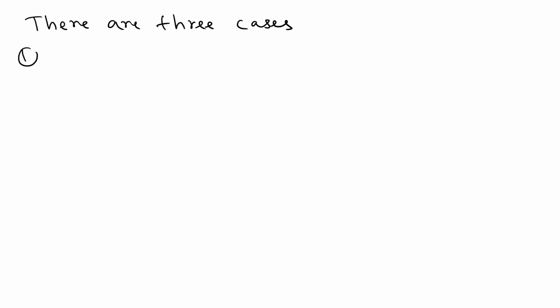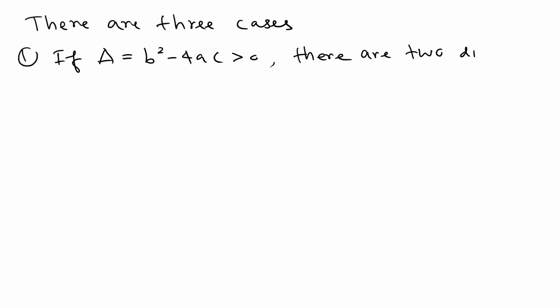The first one: if the delta, b squared minus 4ac, is greater than 0. If it is greater than 0, what happens? There are 2 distinct real solutions, not equal, they are different.